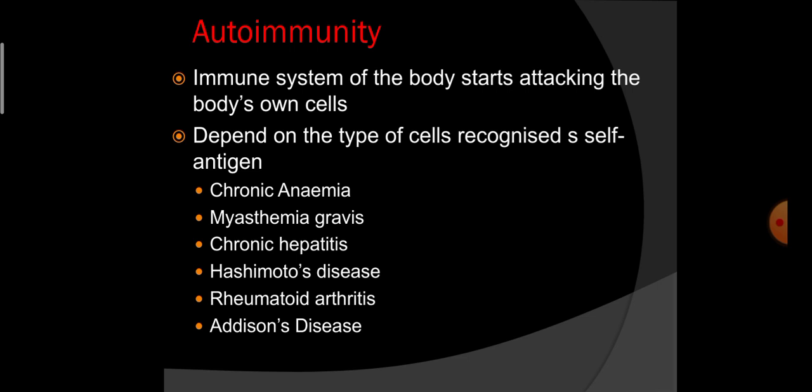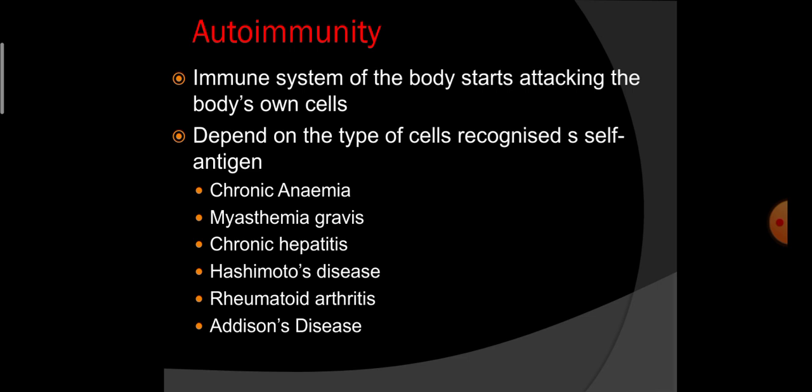Autoimmunity: I had told that if the body fails to recognize its own cells, the self cells, and differentiate between self and non-self, then this disorder arises. The immune system of the body starts attacking its own cells. That is autoimmunity or autoimmune diseases.